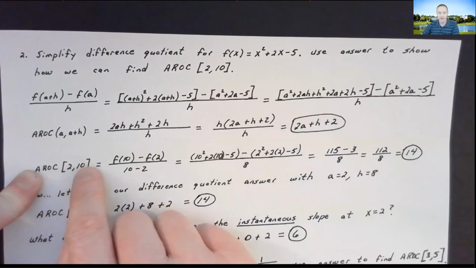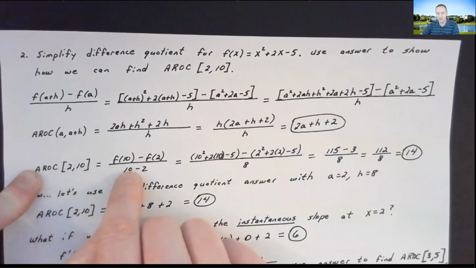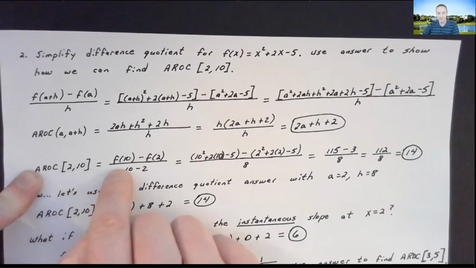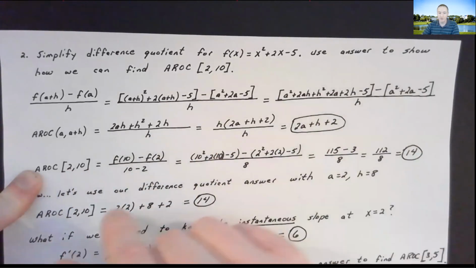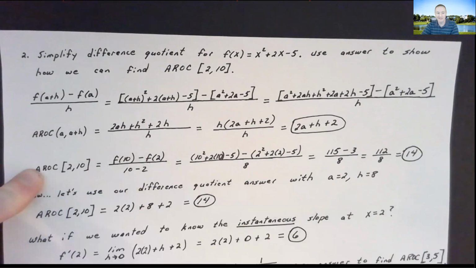So it's going to be f of 10 minus f of 2 divided by the x values, 10 minus 2. I would always prefer to put the larger x value first in these expressions. What if you said f of 2 minus f of 10 over 2 minus 10? No big deal, as long as you're consistent with the order in the numerator and denominator. So if your numerator starts with f of 10, your denominator better start with 10.